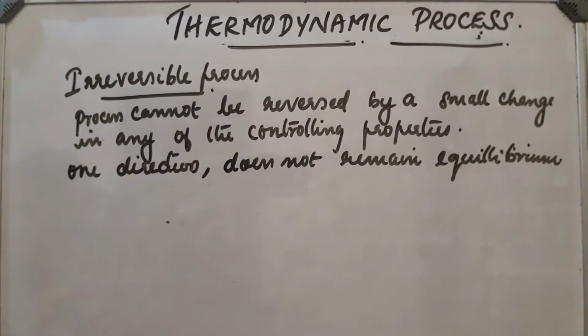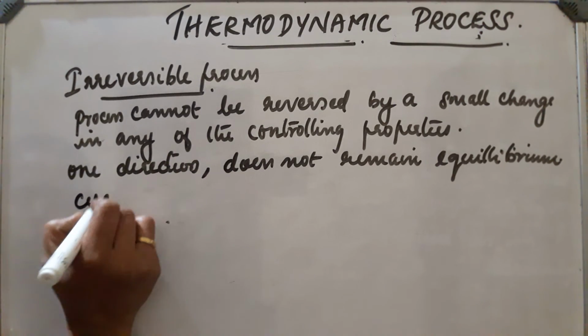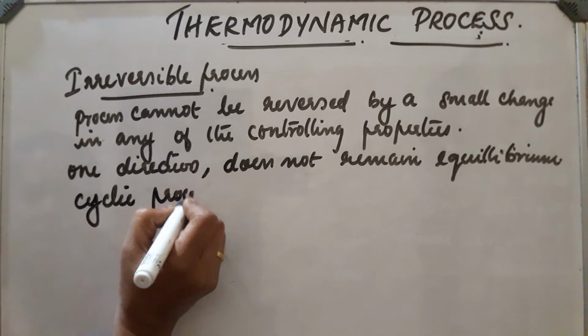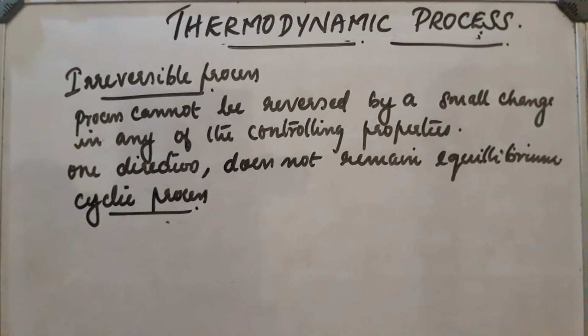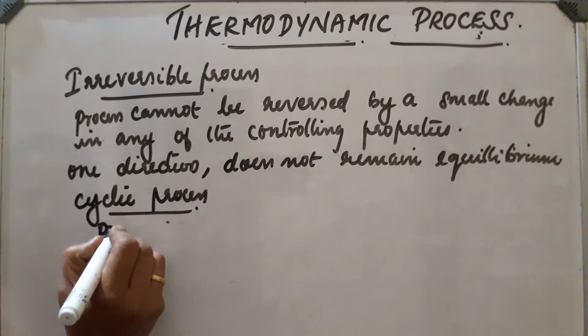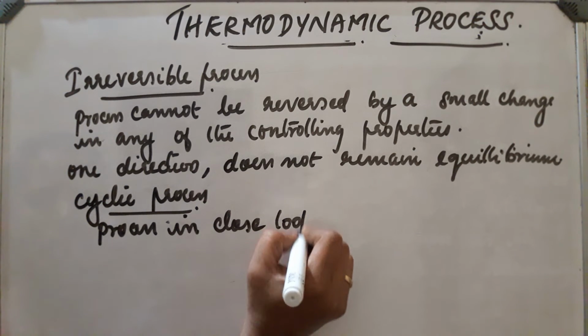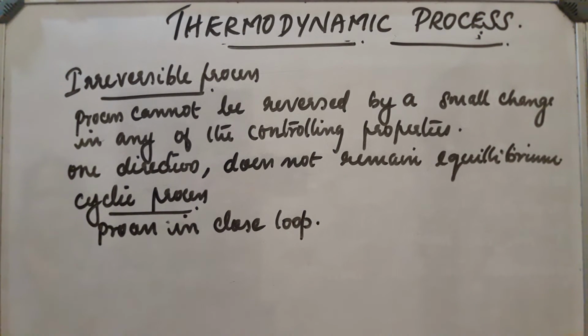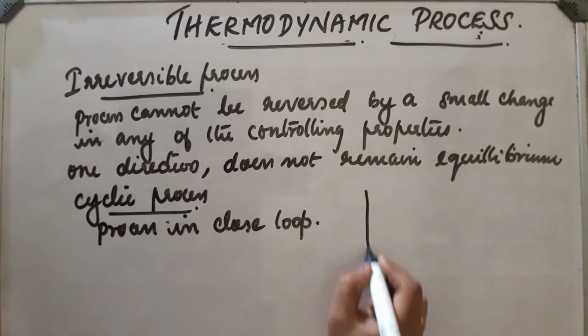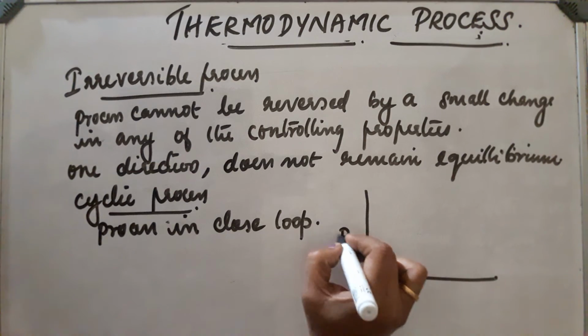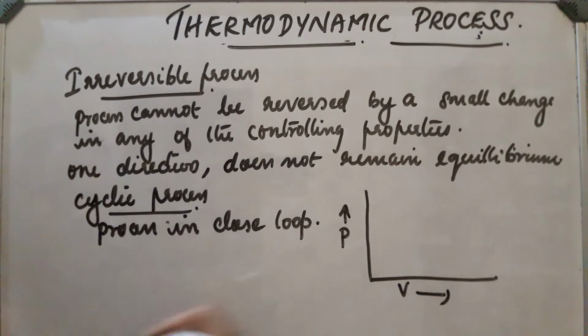Now, next process is the cyclic process. What is a cyclic process? A process taking place in a closed loop, which means the initial and final states are identical. See the graph of pressure versus volume.